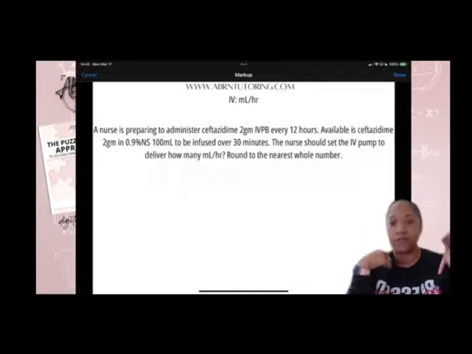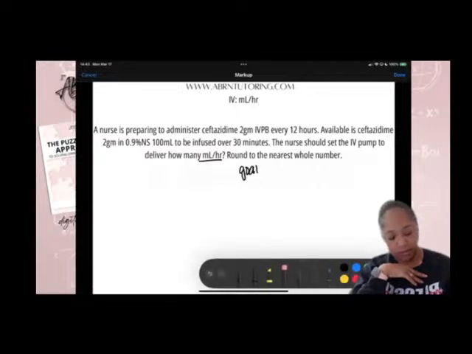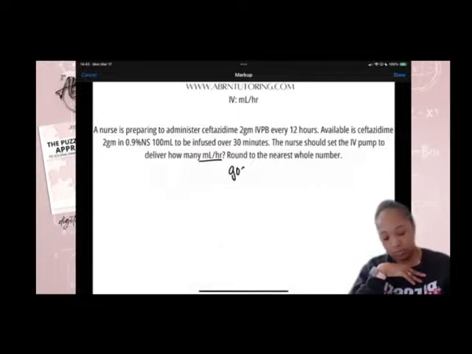Okay, so first things first, after you read the question, what is the goal? What is this question asking for me to give it? Milliliters per hour, okay? So our goal: milliliter on the top and hour on the bottom.